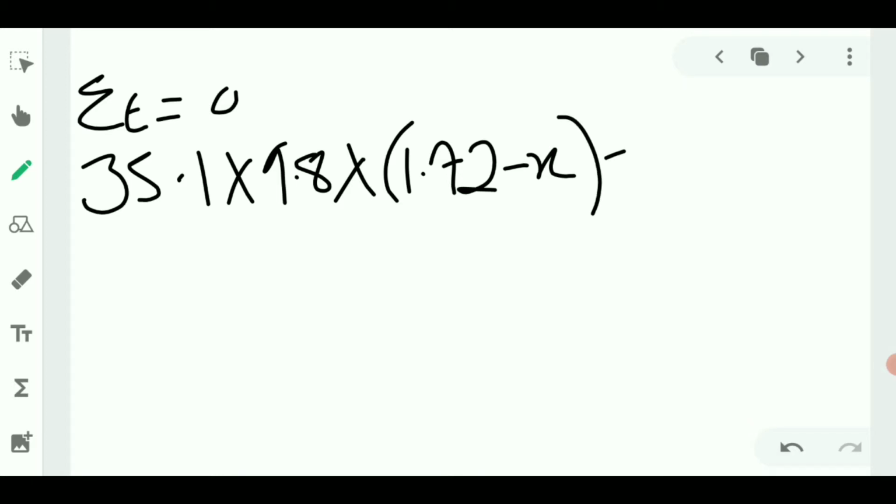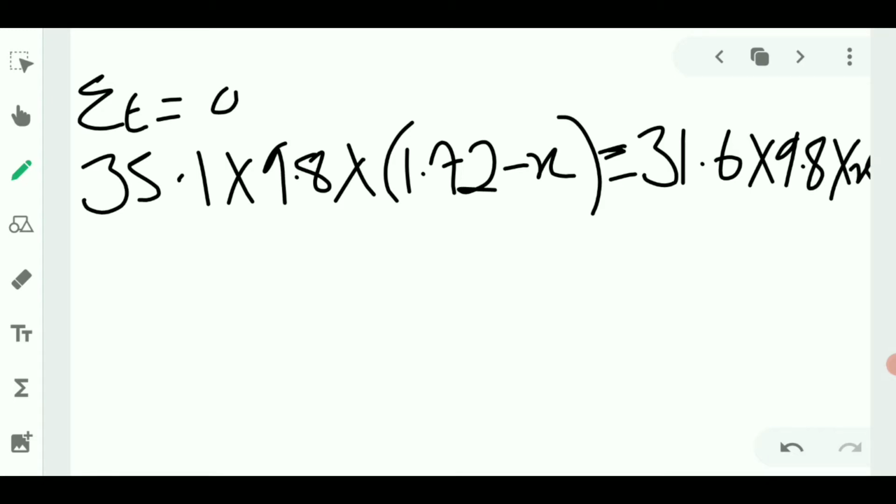That will be equal to the weight of the second scale, 31.6 times 9.8, multiplied by x.